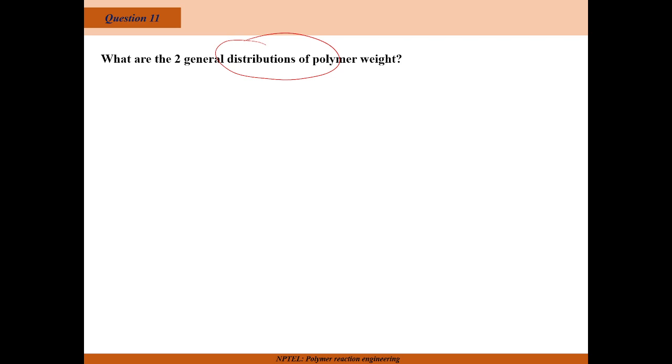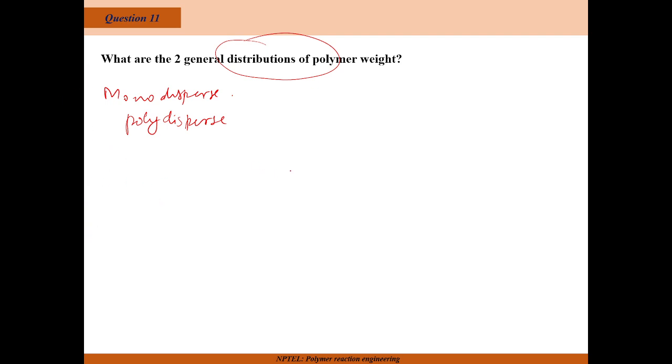Generally, it will be either narrow or broad. The terms I gave for this are monodisperse and polydisperse. So you have to write like this.